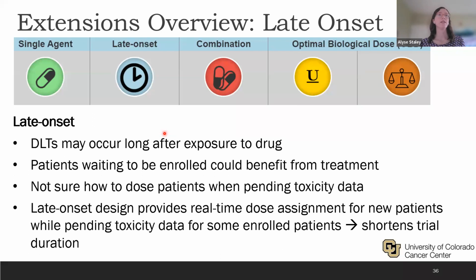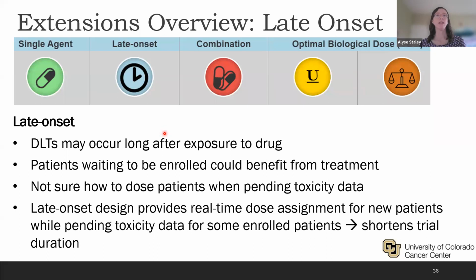In some cases, DLTs may occur long after patients are initially exposed to a drug. This means that while we are waiting for those long periods of observing dose-limiting toxicities, there are patients who are waiting to be enrolled who could have been benefiting from the treatment.